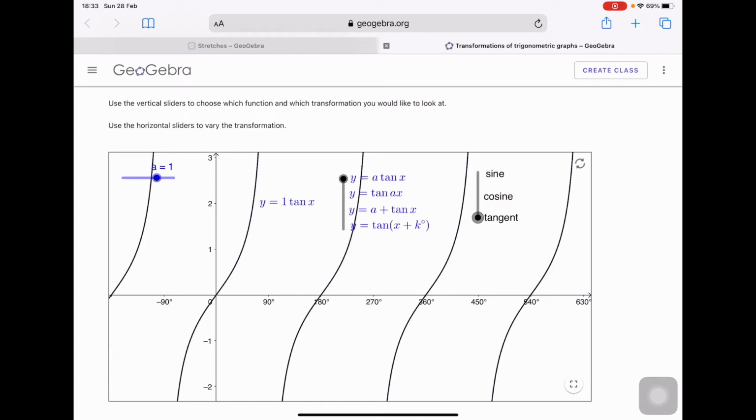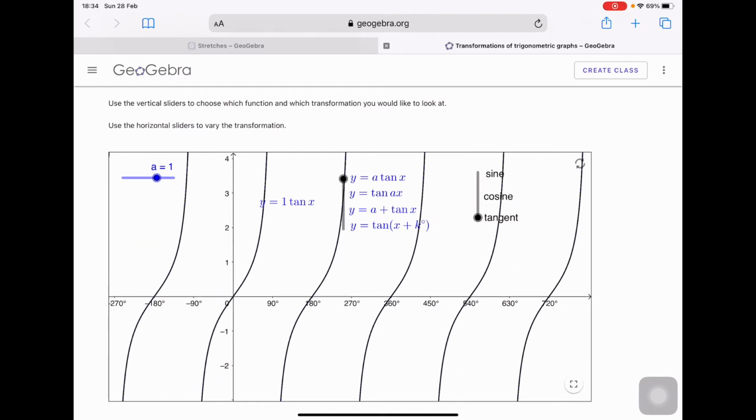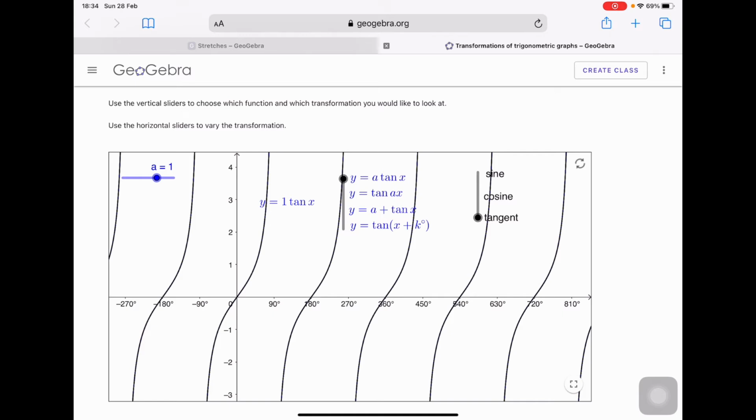Moving on to the tan graph, each period lasts 180 degrees because we know that at the line x equals 90, we have an asymptote, and then at the line x equals 270, we have another asymptote. Between those two asymptotes, we have a curve, and that curve is repeating. As you can see, if I zoom out a bit, that curve is repeating every 180 degrees.